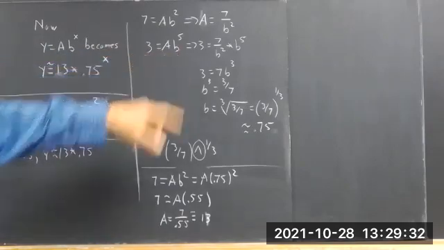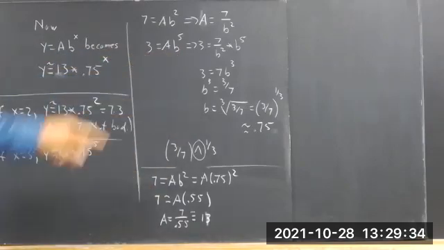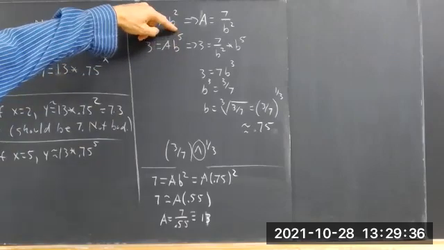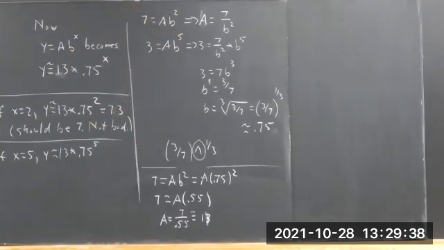Because when x equals 5, y should be 3. What do you get? Anybody get it? Punch it into your calculator.